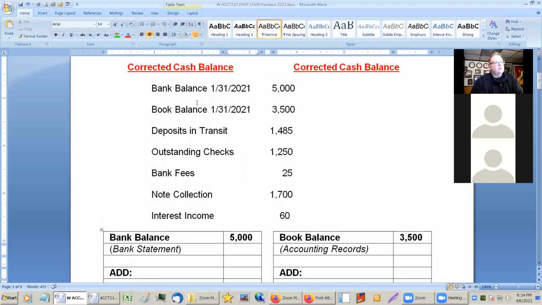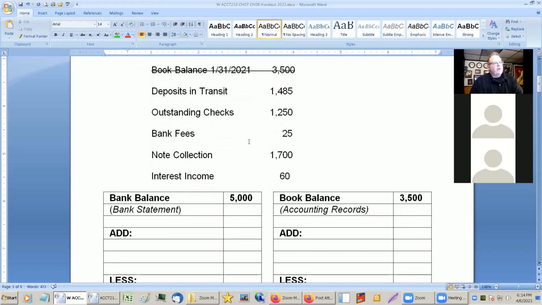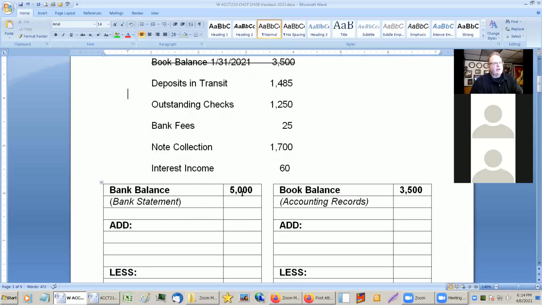Okay, so far we've done these two. So we got those two down. I'm going to cross them out so that we know we're done with those two. Okay. The rest of these are things that we have to make adjustments down here to our bank reconciliation.